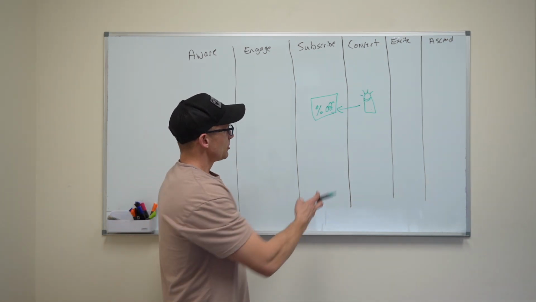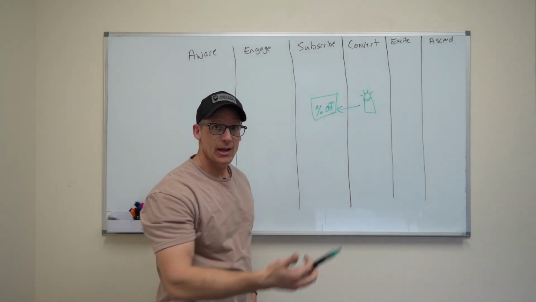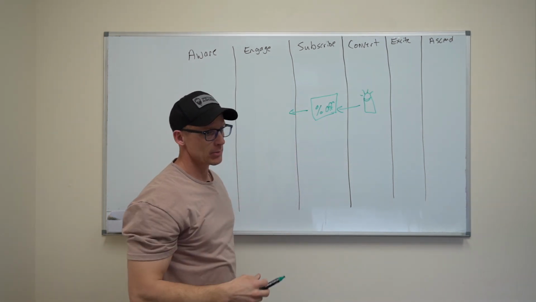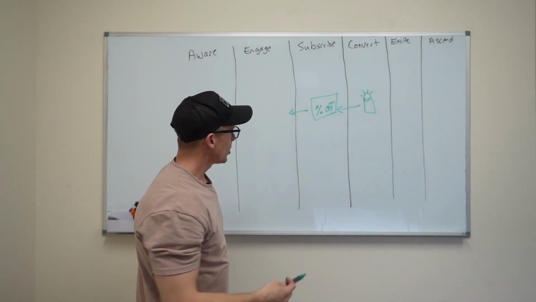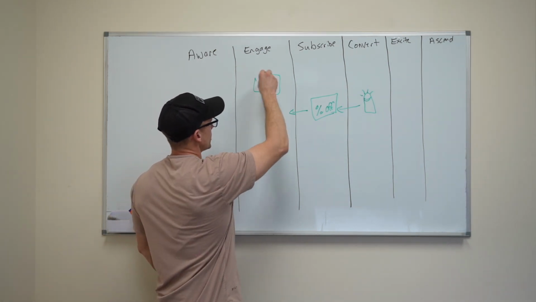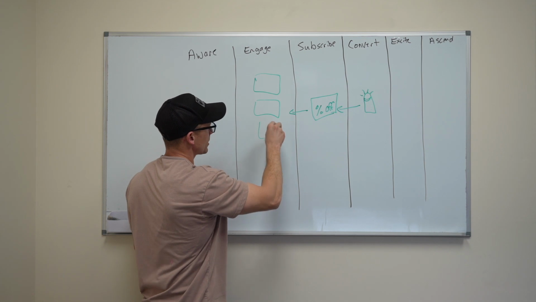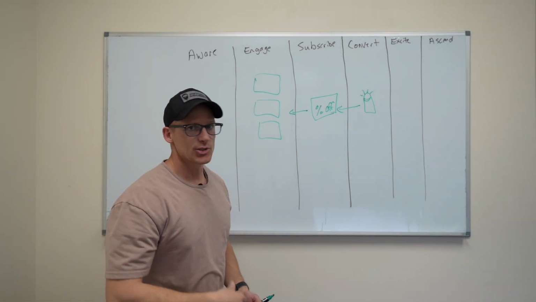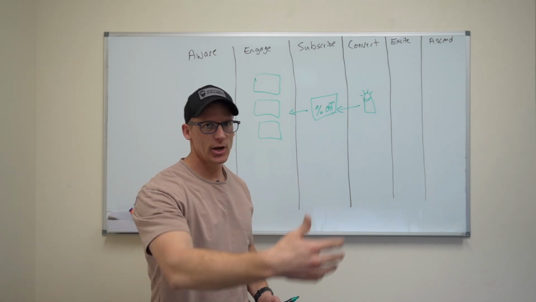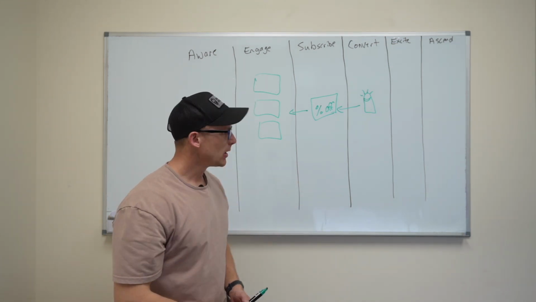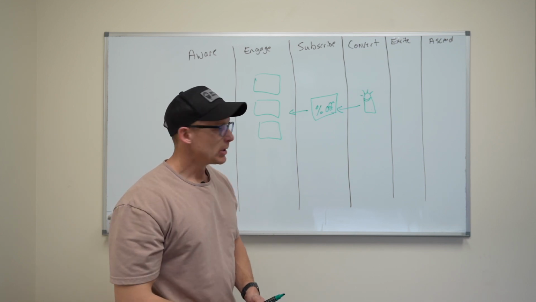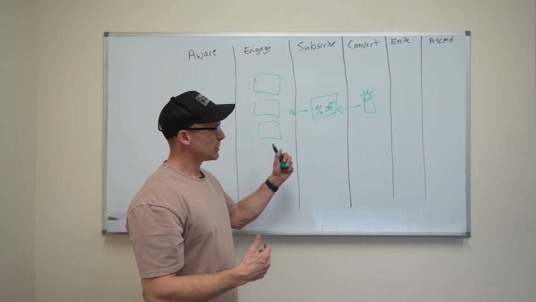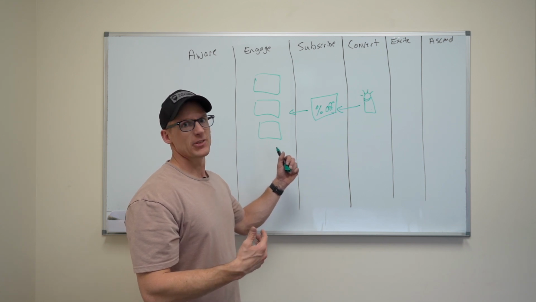But what do we have to do before they subscribe? What do we have to do to get them to engage with us? What kind of content are we going to put in front of them to get them to start having a conversation with us, to start commenting on our posts, to start sharing things, to read a blog, to watch a video? What level of engagement do we need to be able to get them to say, I'm ready for that next step.